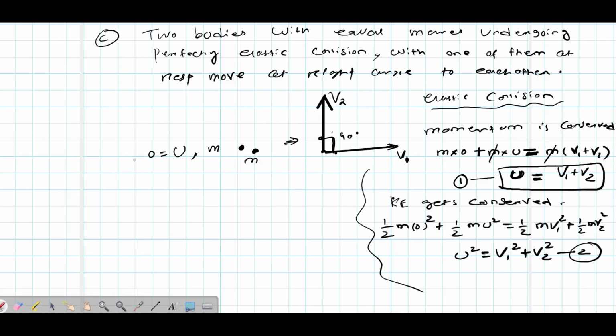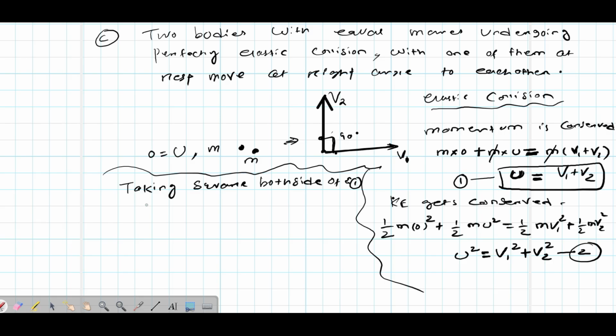Then taking the square of both sides of equation 1, u square equals (v1 plus v2) whole square, which equals v1 square plus v2 square plus twice v1 v2.